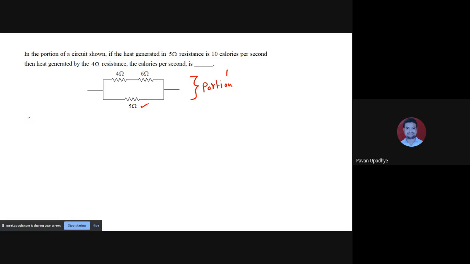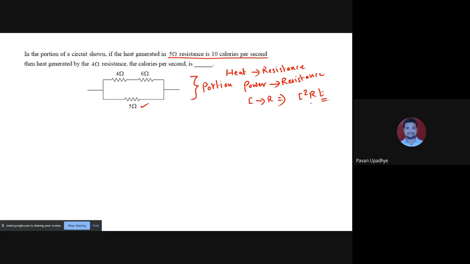So let us note it over here: 5 ohm resistance has got 10 calories per second of heat generation. So this is a numerical based on the heat and resistance relationship, and ultimately it means power and resistance relationship, because we know that when a current I flows through some resistance R, then the amount of heat generated is I square into R into T, where T is the time for which this current was flowing.